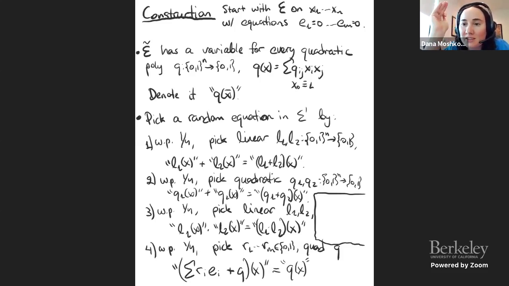If we're in the situation where there is a solution to E, then there exists some X that satisfies all the equations. So what I'm going to ask the assignment to E tilde to be is: fix this X and answer about this particular X. We don't answer about every possible assignment to the variables. We answer about this one assignment that is supposed to be satisfying E, which in the good case exists. In the bad case, there is no such thing.